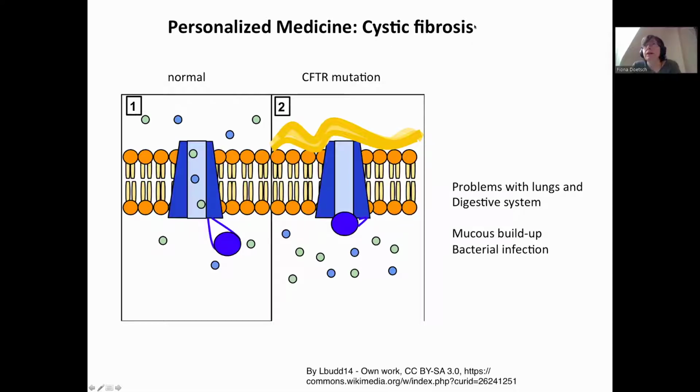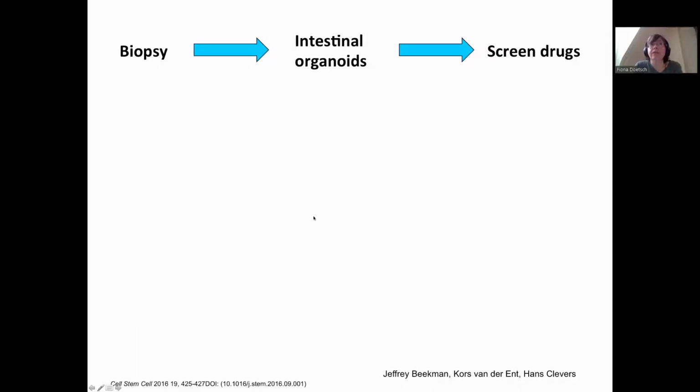And this case talks about a disease called cystic fibrosis, which is due to a mutation in a channel. And these patients have problems with their lungs and their digestive system because the channel won't open. And this leads to a mucus buildup and bacterial infection. So you can actually isolate a biopsy from a patient, and in this case, you could grow intestinal organoids and screen drugs.